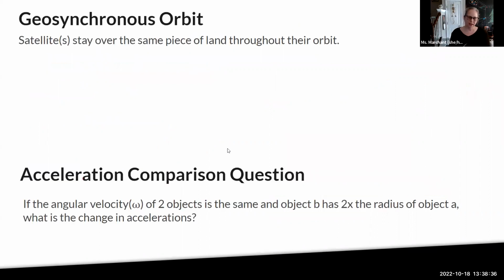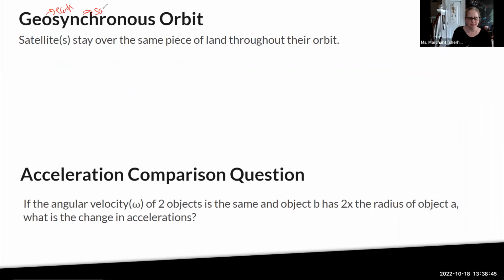A couple little key terms here. Synchronous orbit. Geo just means Earth. Synchronous just means same. So when you are looking at it, you've probably heard about satellites. So I have a satellite up here, and it's often in spy movies. Well, our satellite's not coming into place because that satellite only covers a little area of land based on the cone that it's able to give from space.